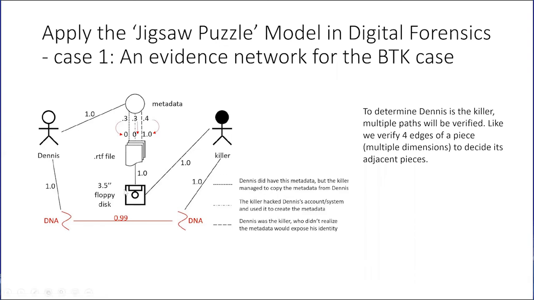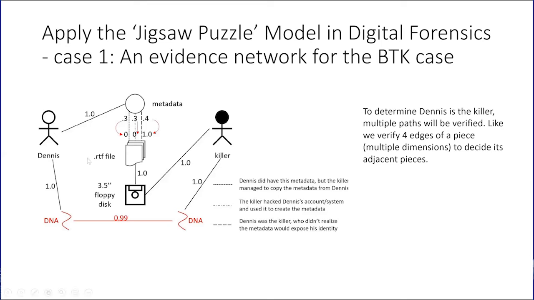And the floppy disk contains an RTF file. This RTF file is related to the case. It's not a system file like the DOS file provided by Microsoft. We should not blame Microsoft.